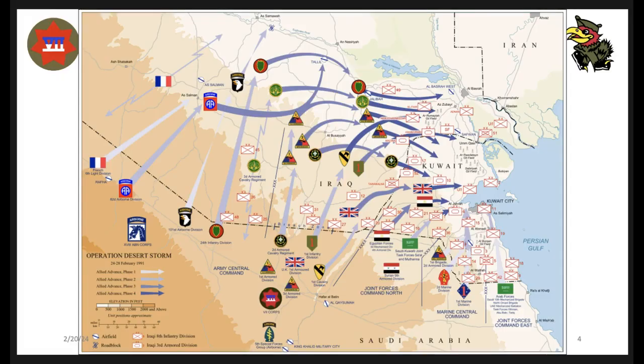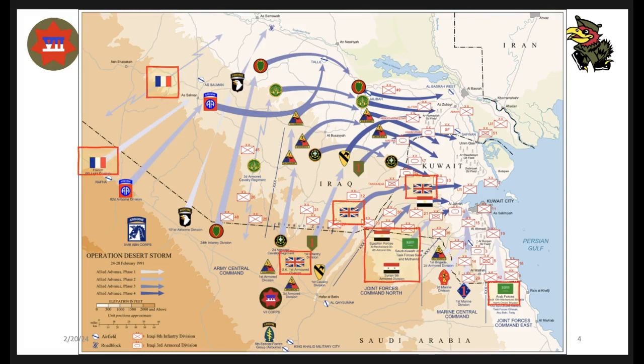On the screen is a detailed operational map representing the strategic movements and deployments during Operation Desert Storm, which took place from the 24th through the 28th of February 1991. This map showcases the Allied forces' advance through multiple phases, marked by distinct colors from blue to yellow, each signifying a separate stage of the operation.